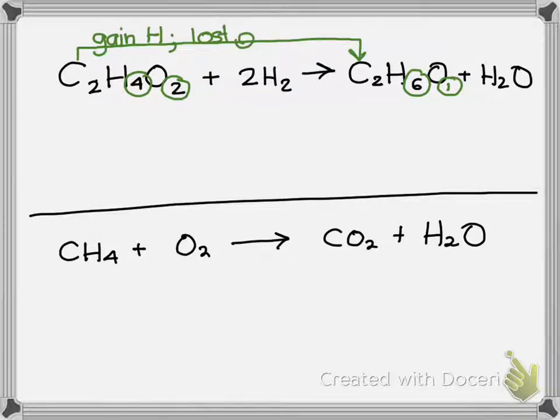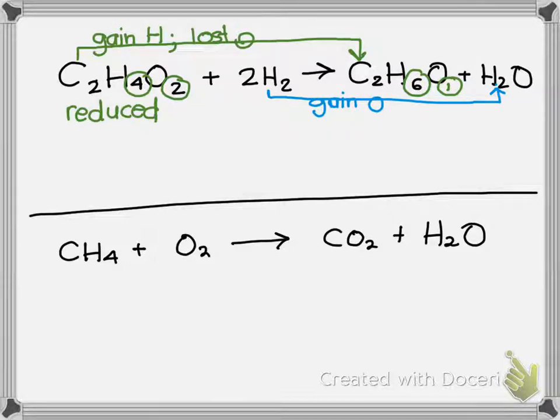So the definition is if I gain hydrogen and lose oxygen, the loss of oxygen is reduction. So this guy is reduced. Now, that means that hydrogen here is going to be oxidized. But let's look at it just to follow the definition through. So now I take my hydrogen and I follow it over to the other product, and I see the hydrogens are the same, but I have gained an oxygen.